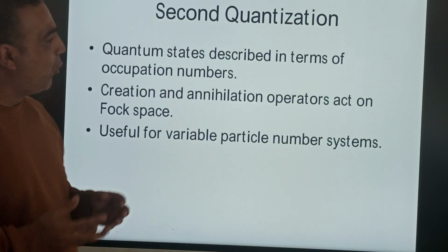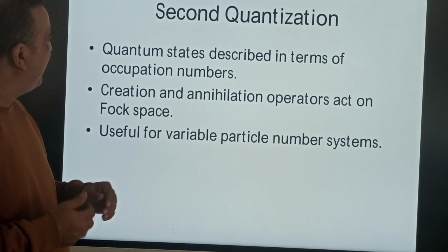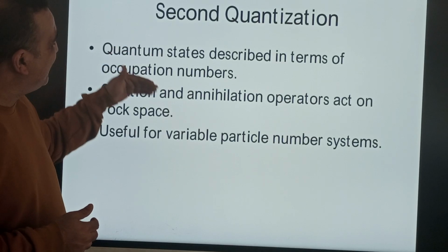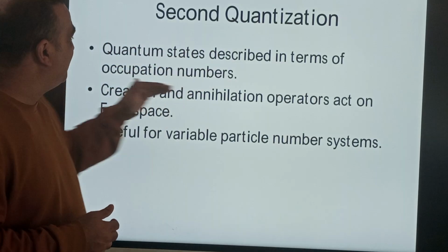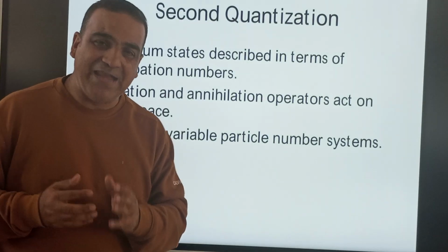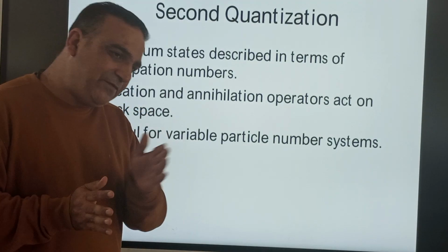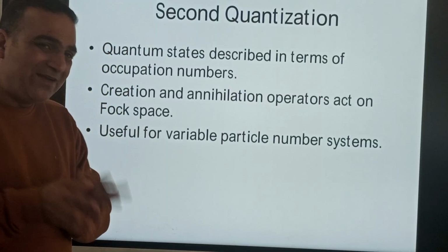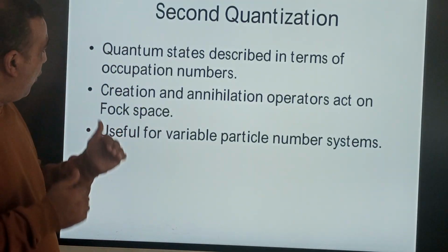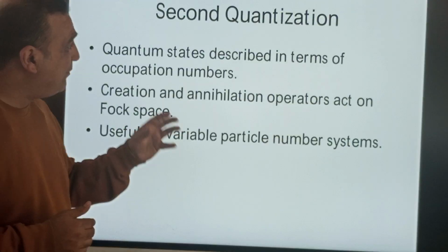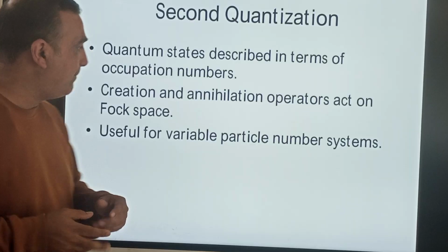Talking about second quantization, we have quantum states that are described in terms of occupation numbers, whereas in first quantization your quantum state is represented by a state vector.